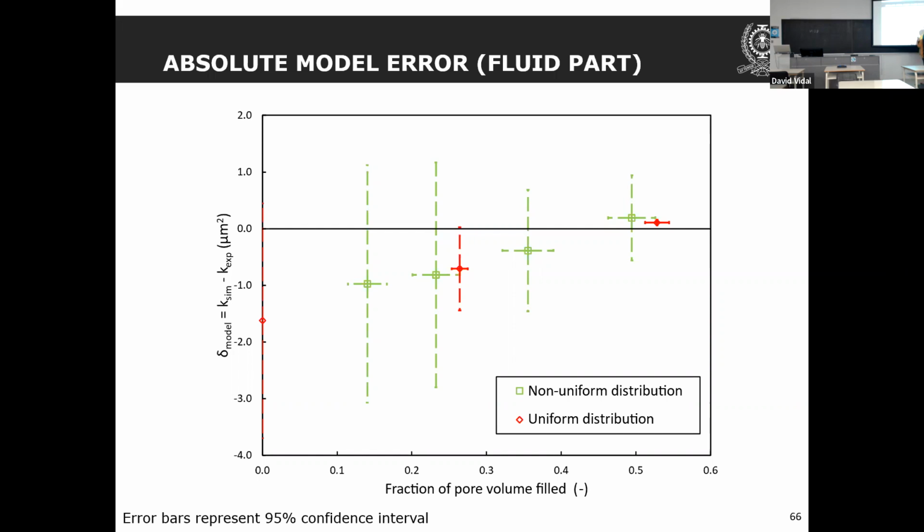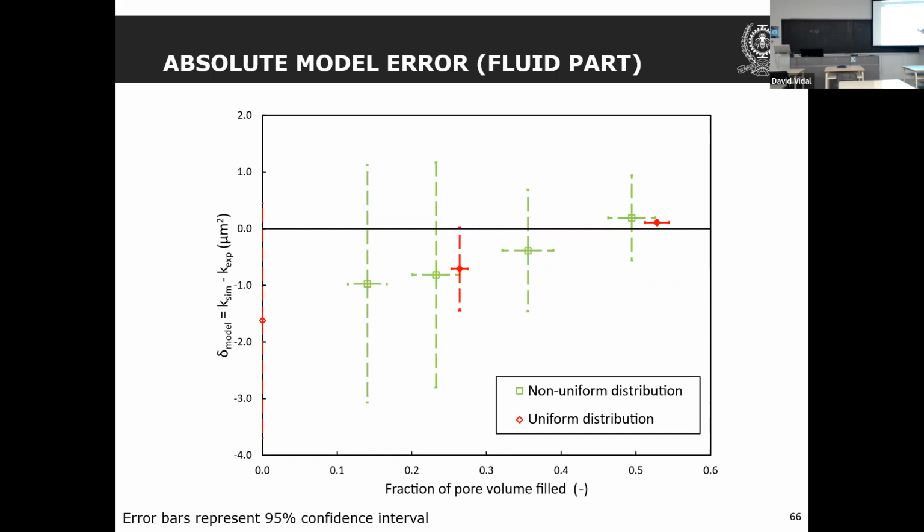So what you're looking for, when you cannot reach 0, is that your uncertainty bars cross the 0 line. If the uncertainty bars cross the 0 line, you can deduce that your model is not so bad, because you are within the different uncertainties that you have in your model.